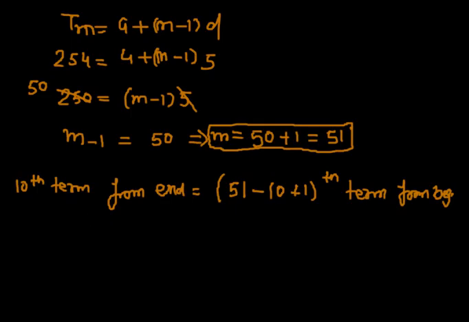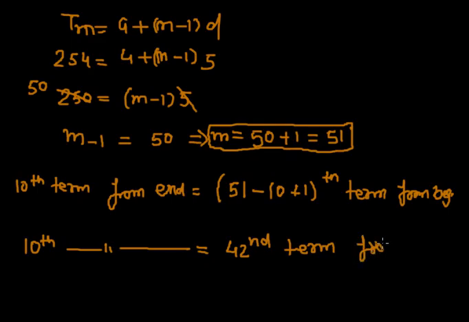So now we have an expression that 10th term from the end would be equal to, this is what? 41, and 41 plus 1 is what? 42nd term from the beginning.